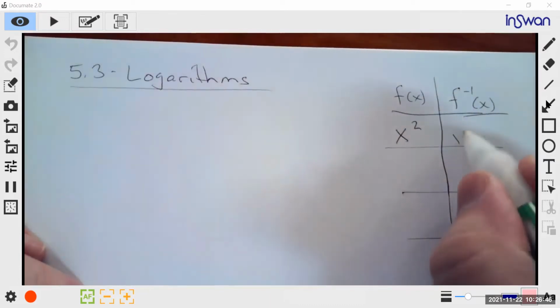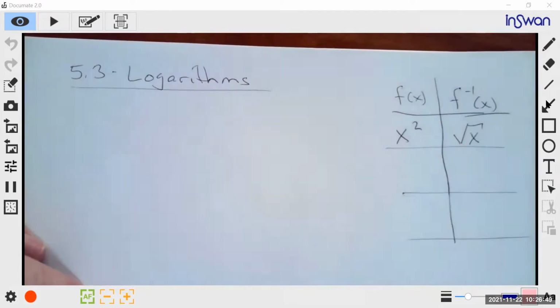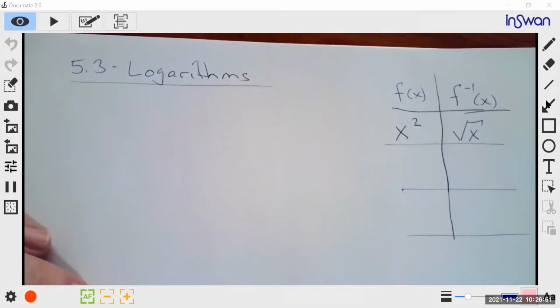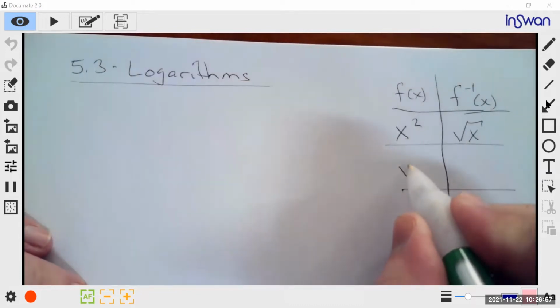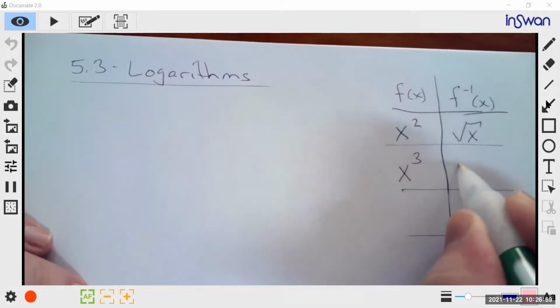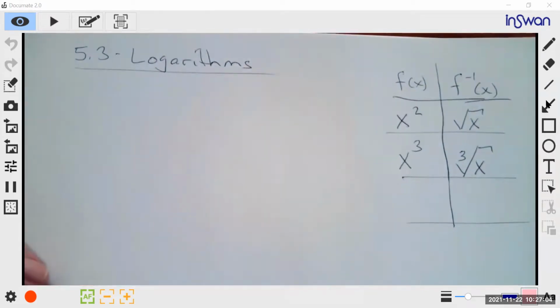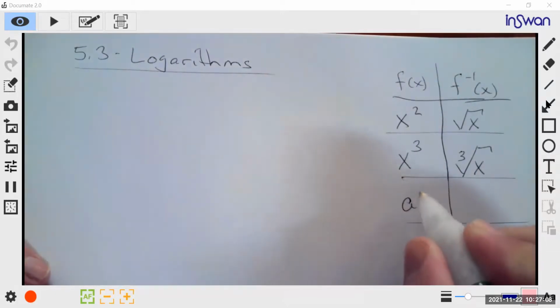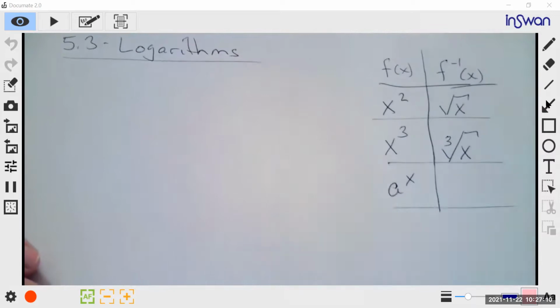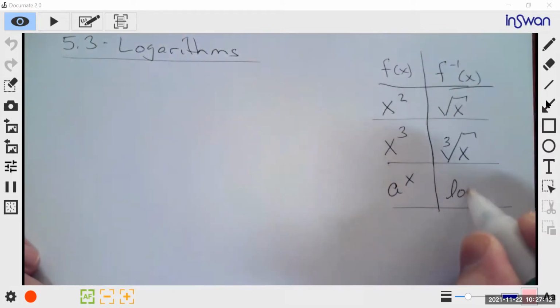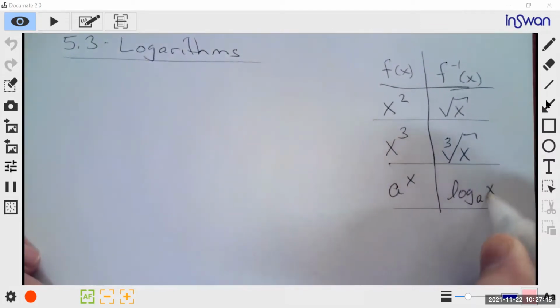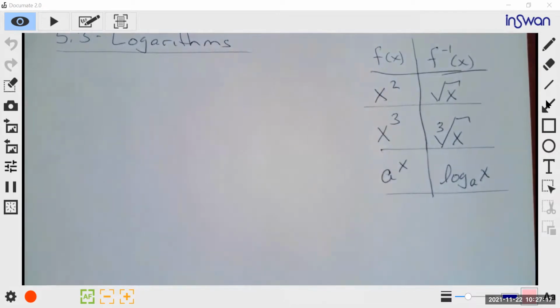Its inverse is the square root of x. X cubed, its inverse is the cube root of x. An exponential equation, its inverse is the logarithmic equation.